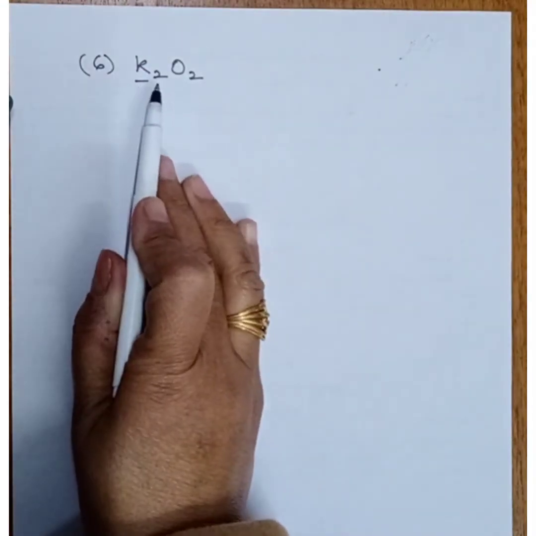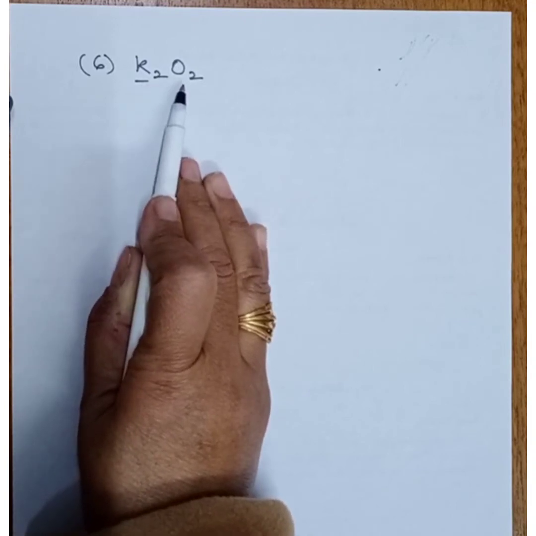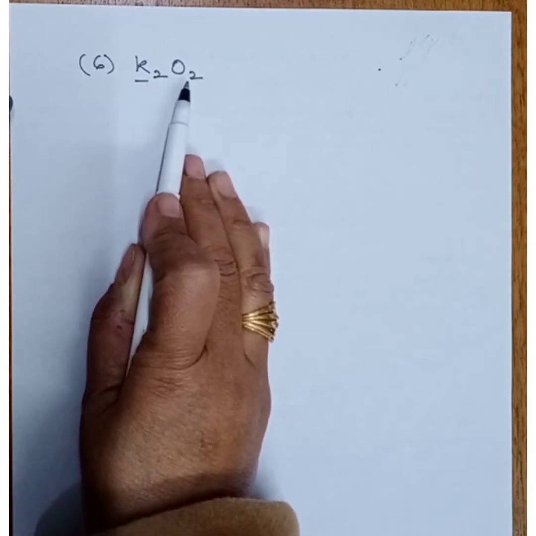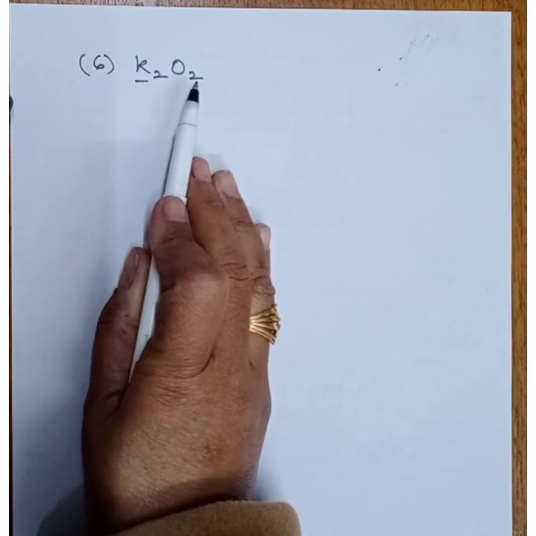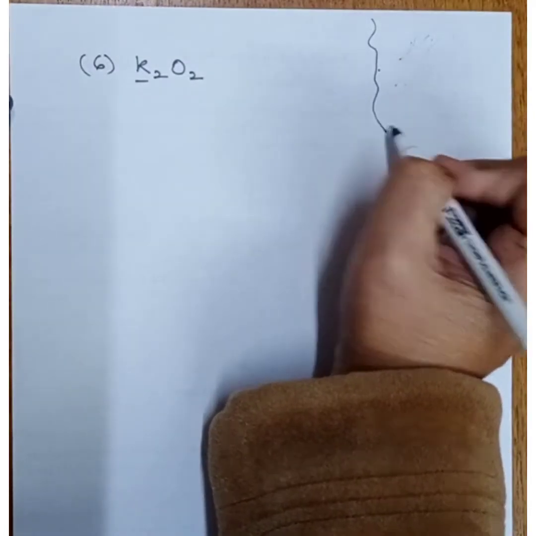Now here we have to find out the oxidation number of potassium, but we don't have an idea whether this oxygen is an oxide, a peroxide or a superoxide. So let us find out the reverse one.